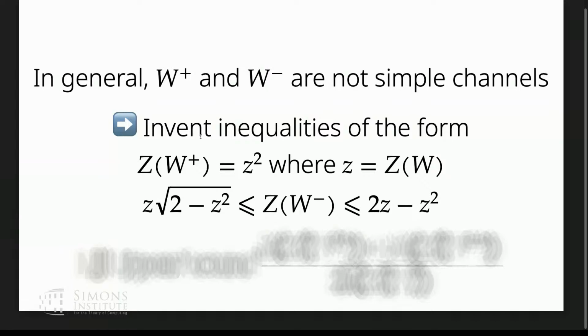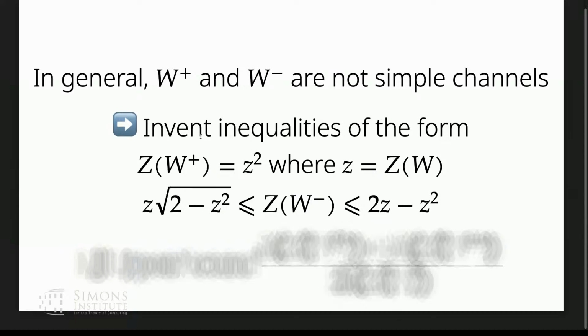And then I'm going to say the Bhattacharyya parameter of the good channel is going to be z squared, where z is the Bhattacharyya parameter of the old channel. And for the bad channel, z of the bad channel is going to be in this weird interval. It used to be that there is an equality sign here, but now 2z minus z squared is just an upper bound, and then there's a lower bound.